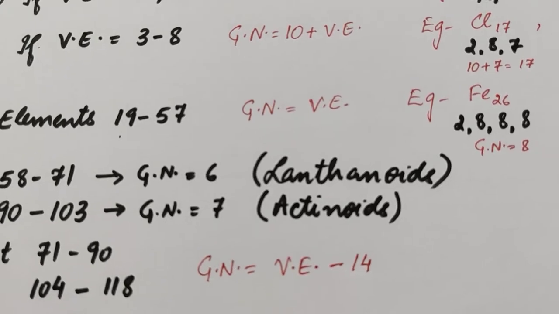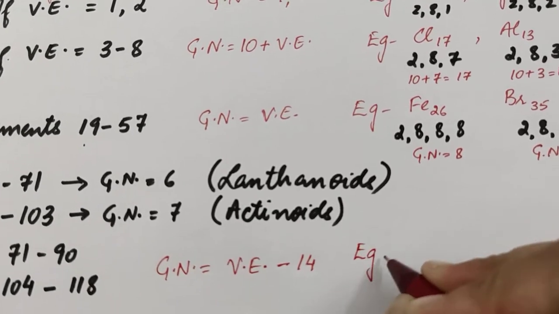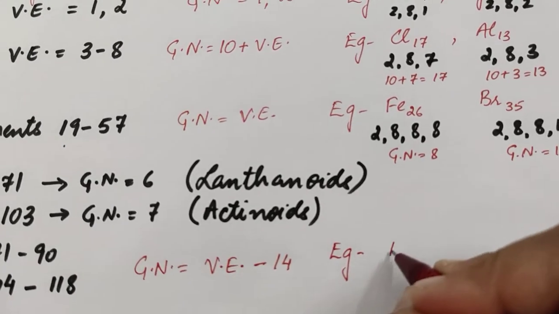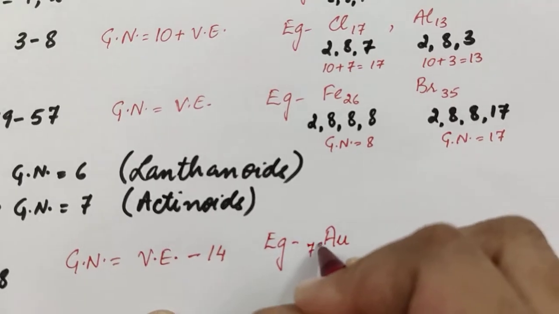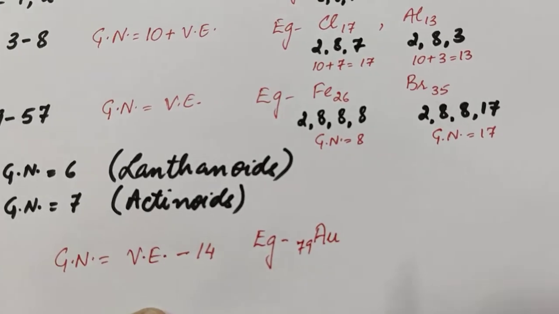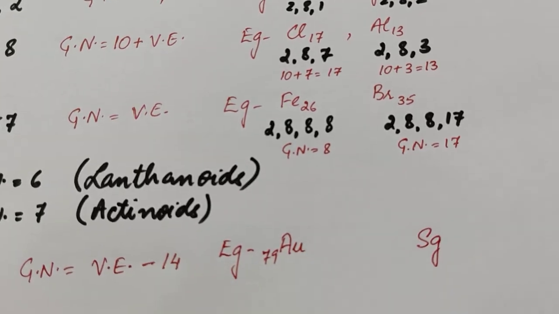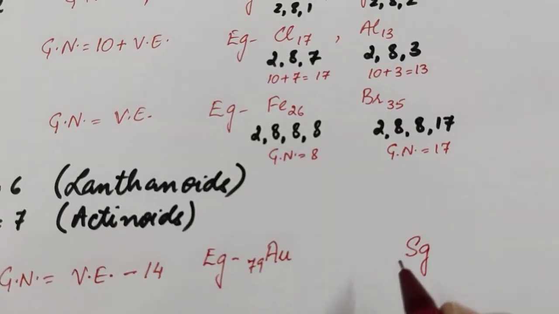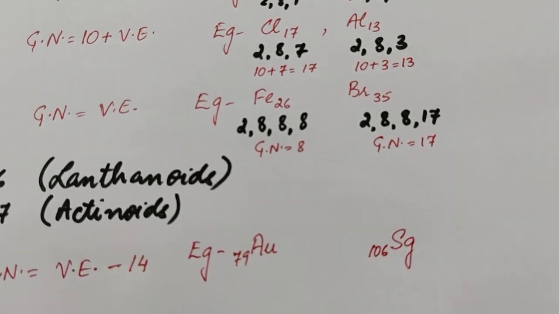Let's check out with the help of an example. Let's take up gold. Gold is 79, and let's take up this element known as Seaborgium, whose atomic number is 106.